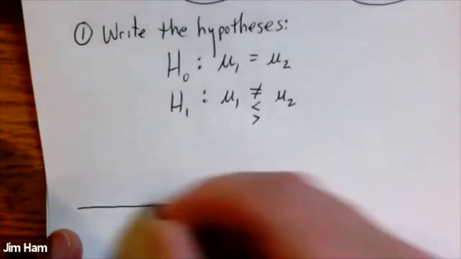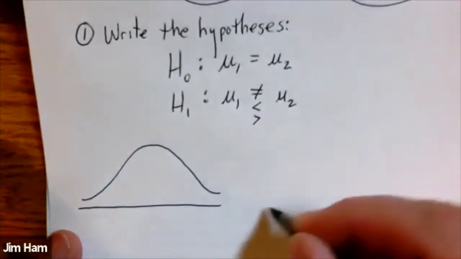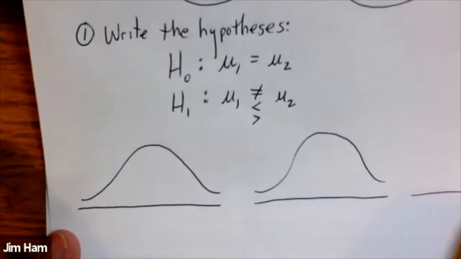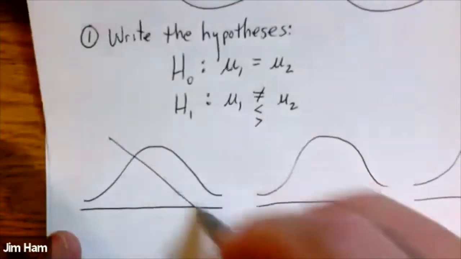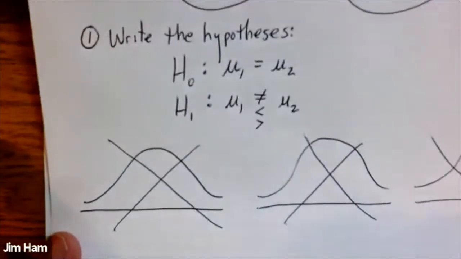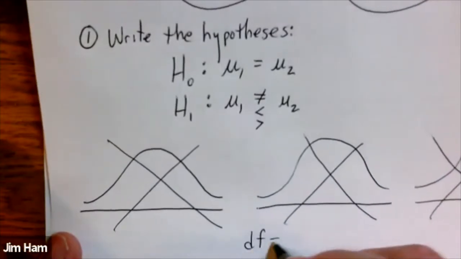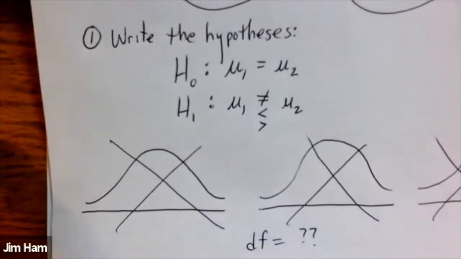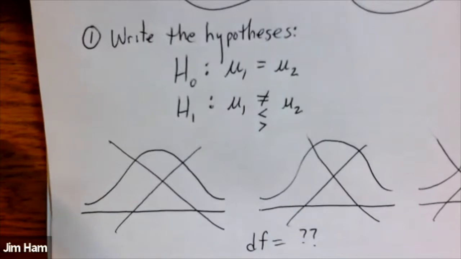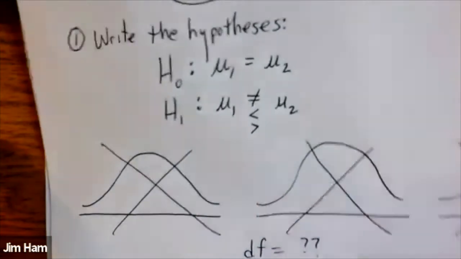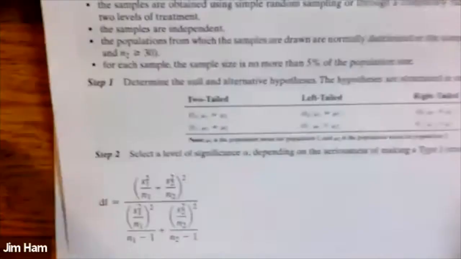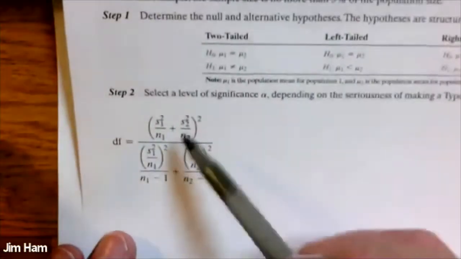We do have a one-tailed left and a one-tailed right and a two-tailed test, but we're not going to use those here. The reason for that is the degrees of freedom is based on a calculation, and I suppose we could use inverse t to find the critical value, but the critical values are not going to appear in the table because the formula for the degrees of freedom is messy.